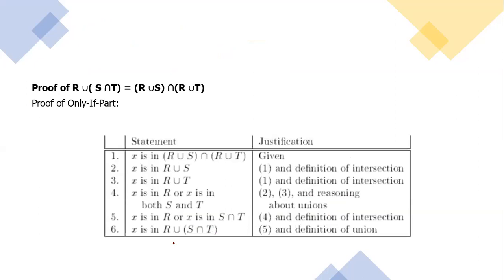The next one: here I am taking the right hand side, where the particular element X is present in the right hand side, and trying to prove that the particular element X is also present in the left hand side. Please go through this part, and can anyone try to explain?